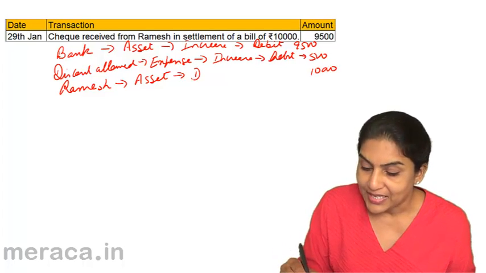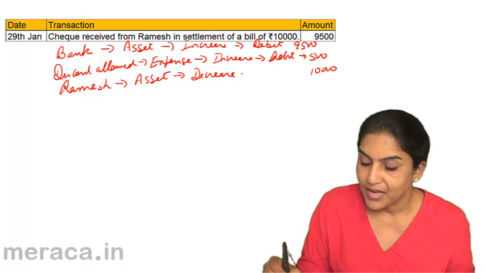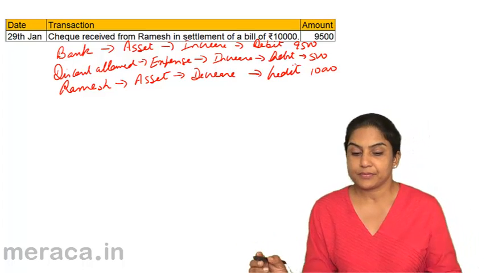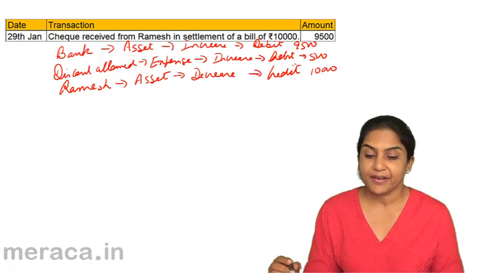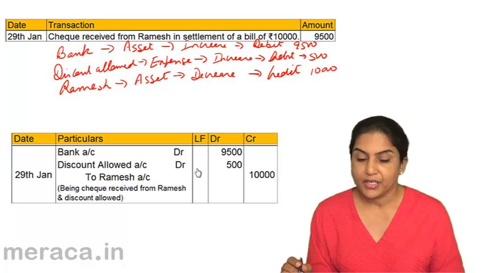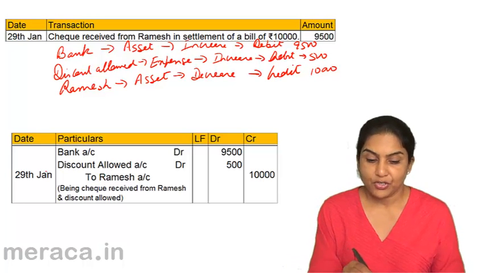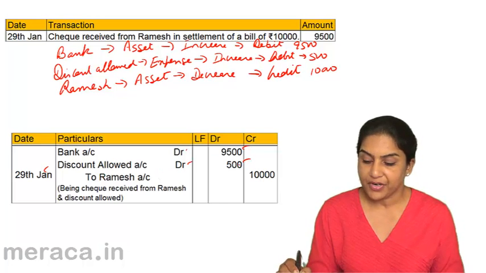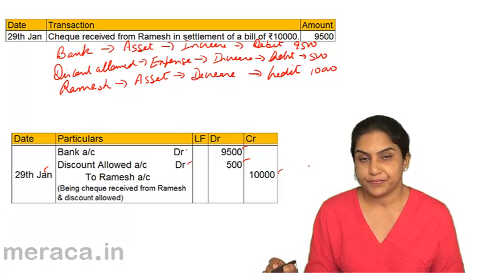So asset has decreased. Therefore we credit. So basically the entry is bank account debit, discount allowed debit to Ramesh. On 29 Jan, under particulars column, bank debit, discount debit 9,500 and 500 to Ramesh 10,000.